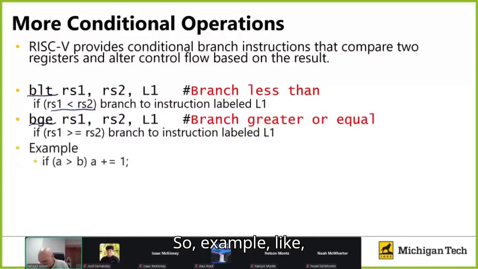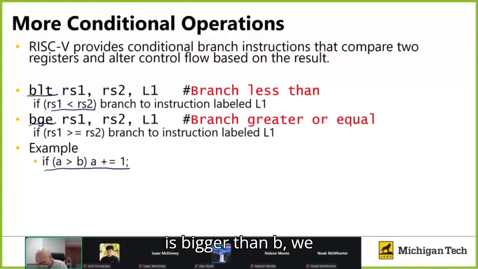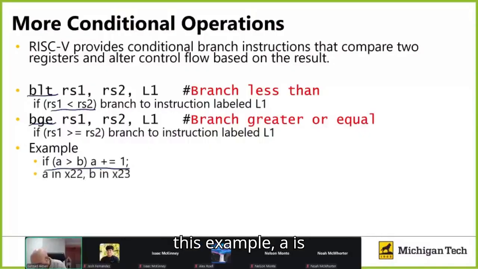Imagine we want to implement this: if A is bigger than B, we increment A by 1. First we need to see which register is bound to which variable. Binding is a main thing; we always need to know that. In this example, A is x22 and B is x23.